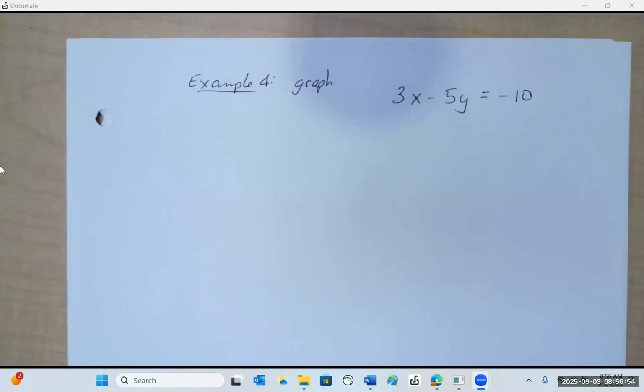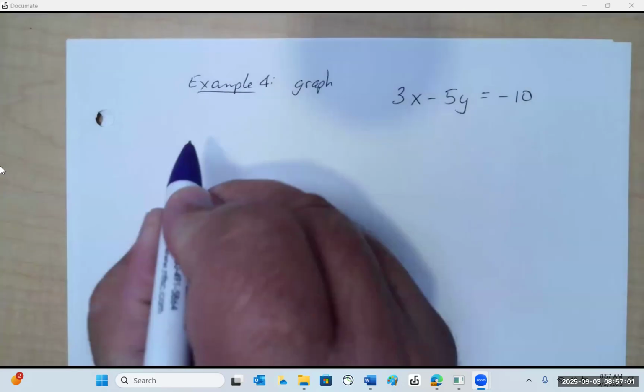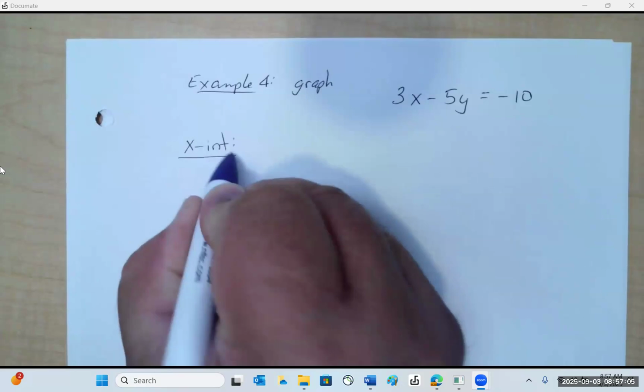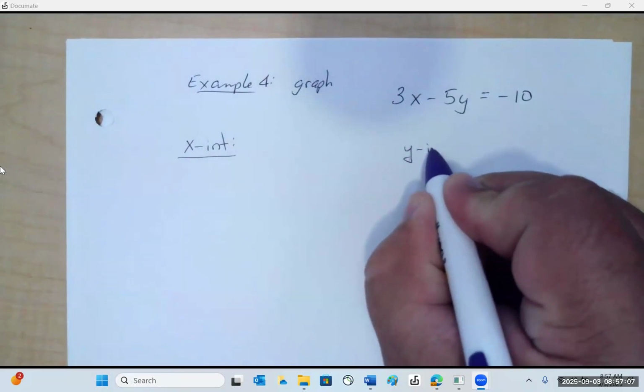So tell me the x and y intercepts. So the x-intercept and the y-intercept.